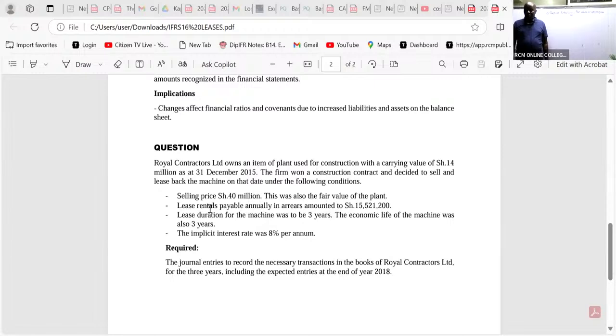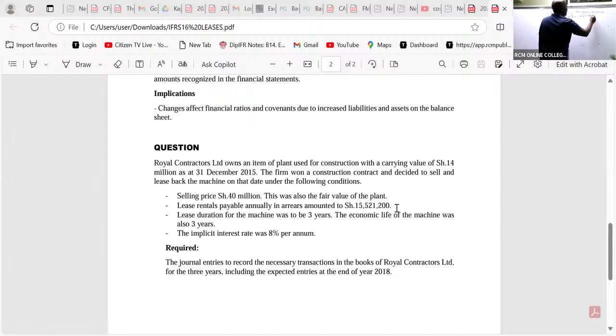And then you can see lease rentals are payable in arrears. So that concept of multiplying with 1 plus R will not apply here, because this is paid in arrears. In this case we have the lease rental per annum, which is 15,521,200.